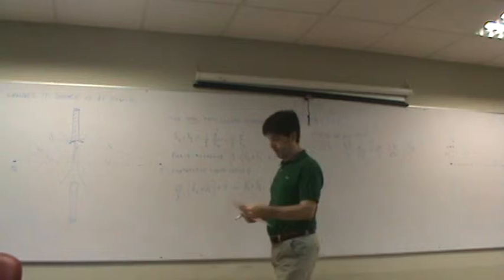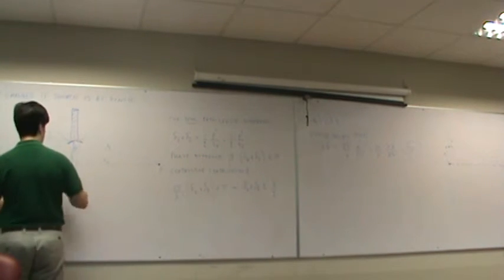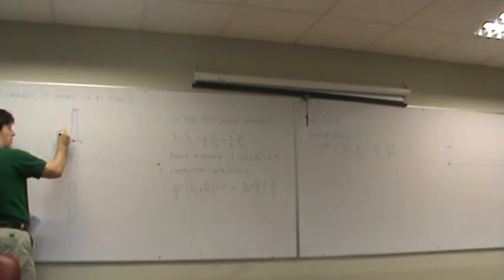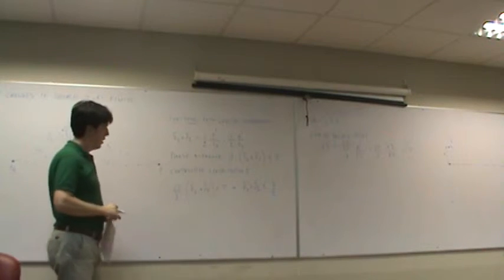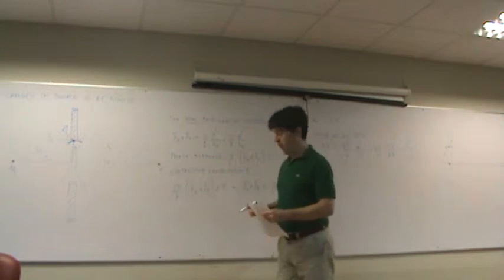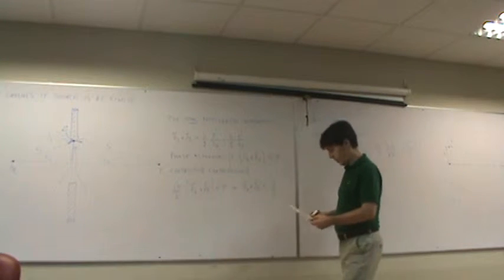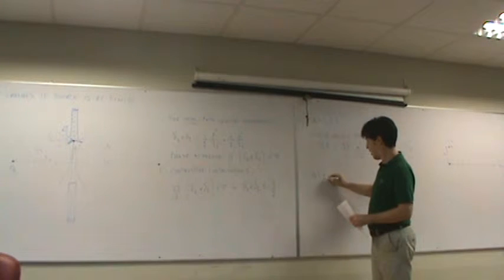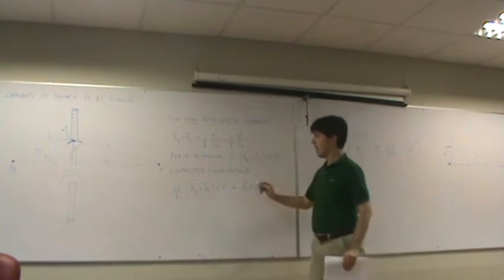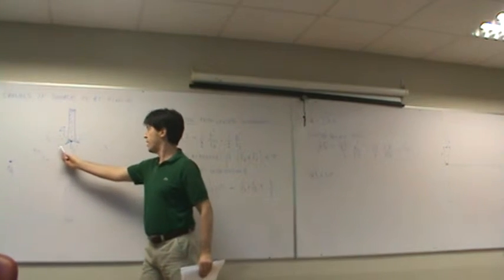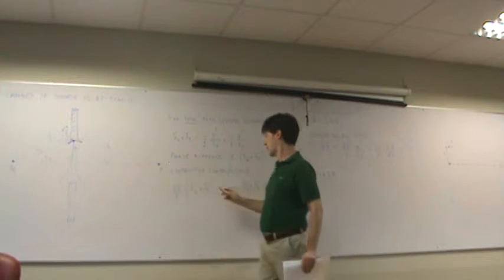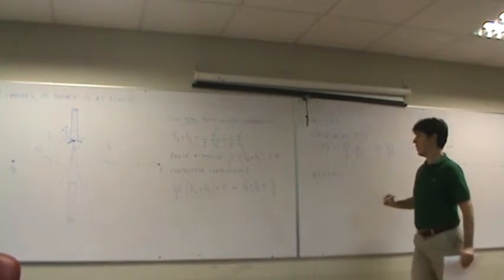Now, if we call this point here S, then our equation is QS plus SP, that is the path from here to here and from here to here, must be less or equal.